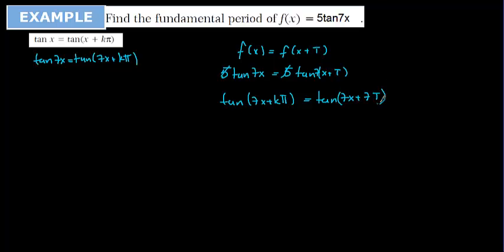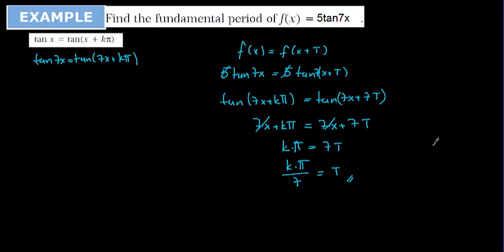When you simplify, k times pi is equal to 7 times T, and k times pi over 7 is equal to T. So the fundamental period of the tangent 7x function is k times pi over 7.